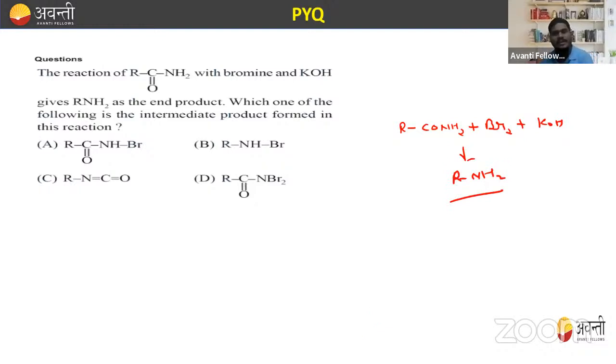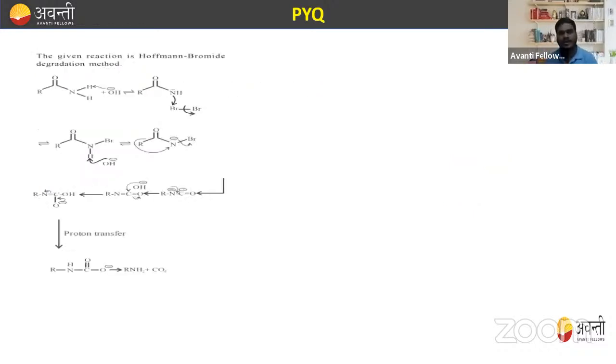Which one of the following is the intermediate product formed in this reaction? You have to identify the intermediate, the substance formed between the reactant and the product.